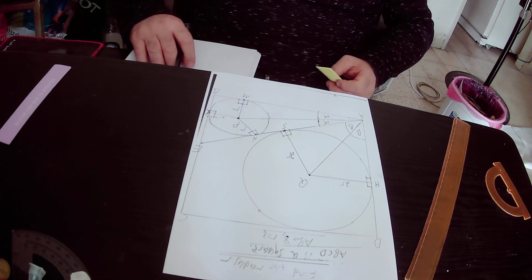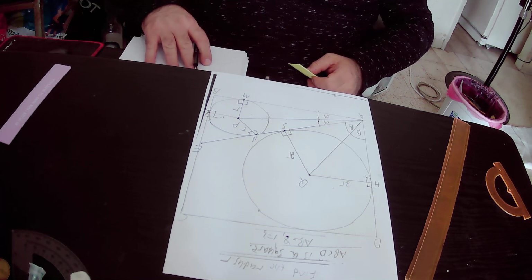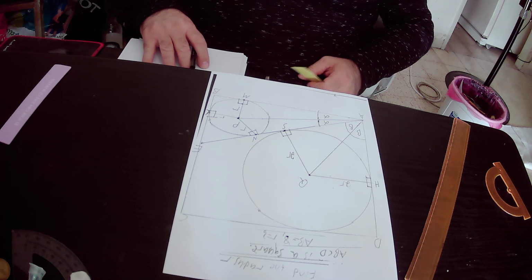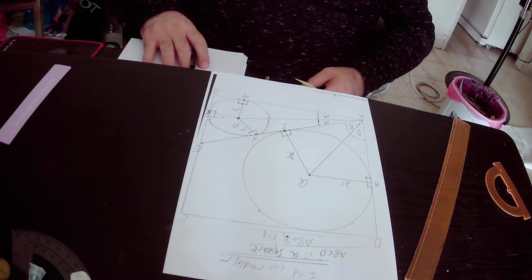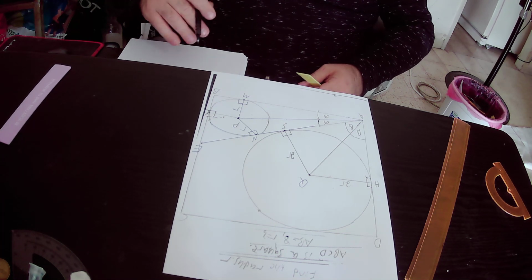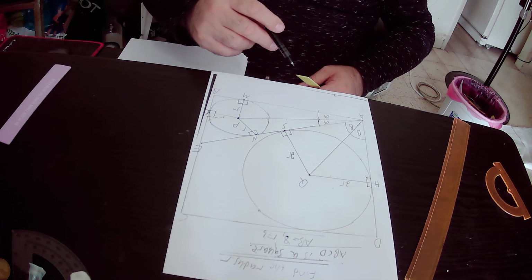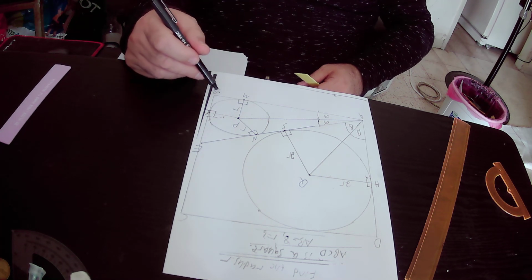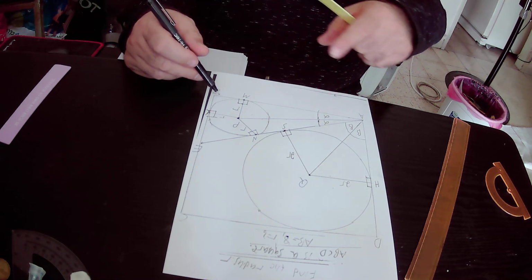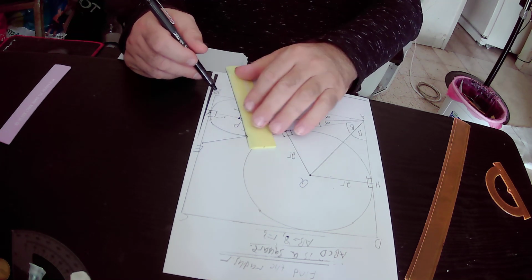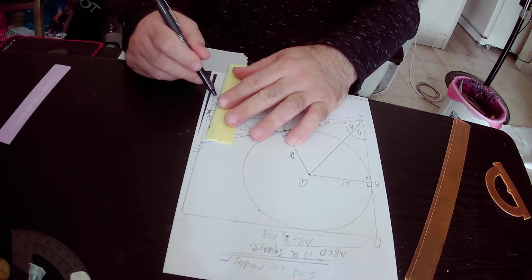And we know that all the four angles of a square are right angles. Therefore, angle ABC, this angle that is one of the four angles of this square, is equal to 90 degrees, so it is a right angle.